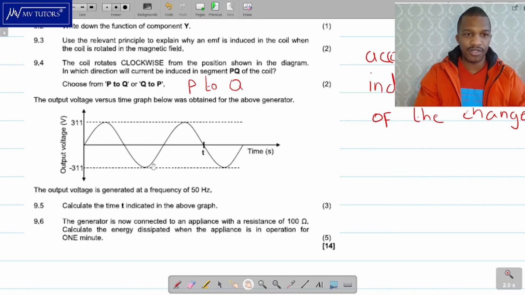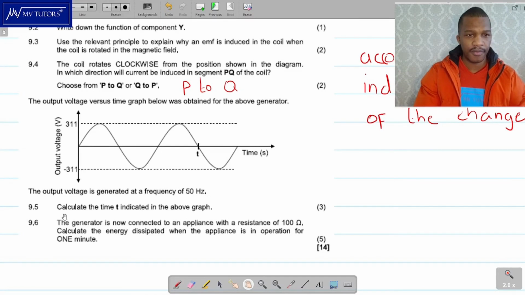It actually looks like a sine graph, if you remember trigonometry. But anyway, it says the output voltage is generated at frequency 50 Hertz. Calculate the time t indicated in the above graph.